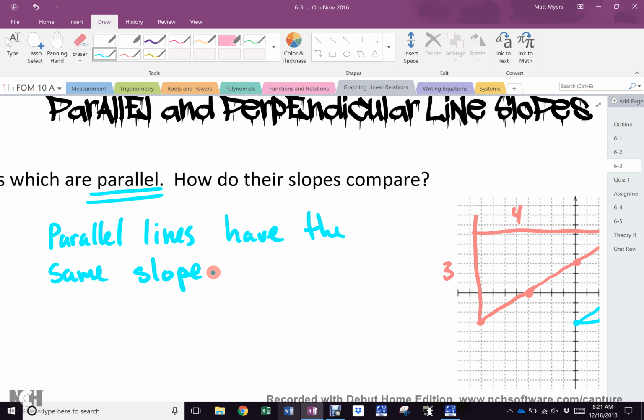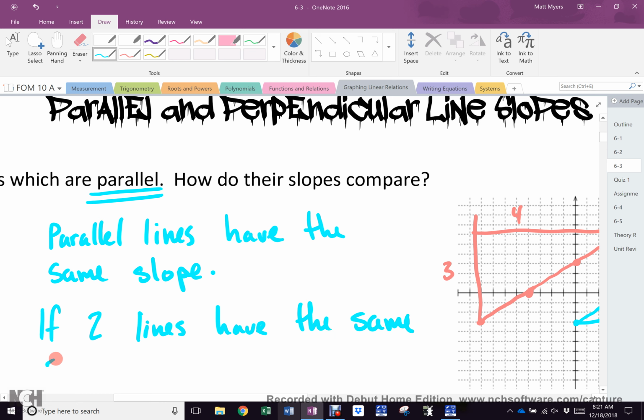What causes me problems is you guys don't recognize that has a flip side. And the flip side of this statement is if two lines have the same slope, then they're parallel.